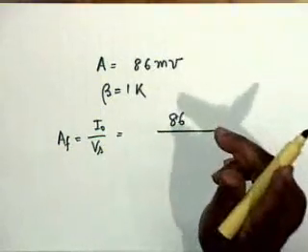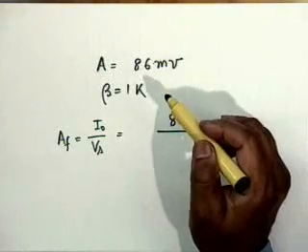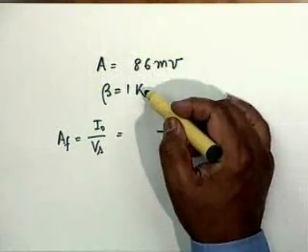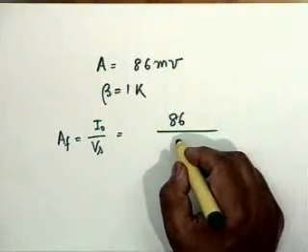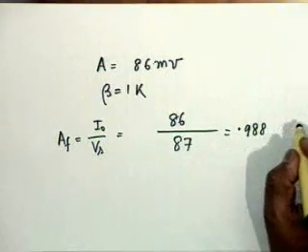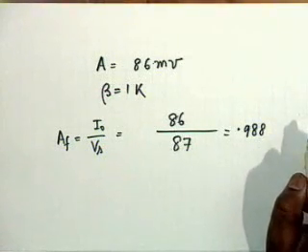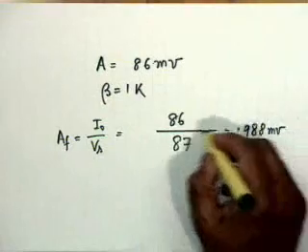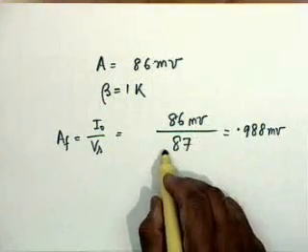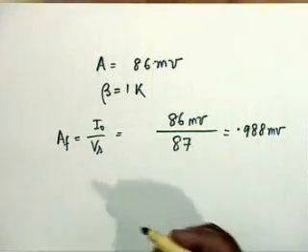It is 1K, not 1. You must not forget the dimension, because A beta must be dimensionless. Millimho multiplied by K is obviously dimensionless. So this would be 86 by 87, which is 0.988 millimho.